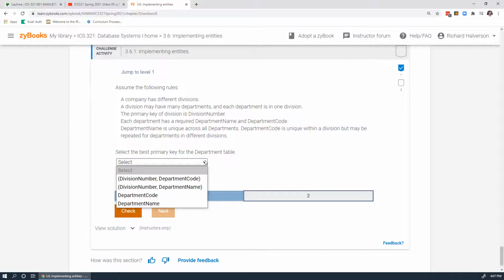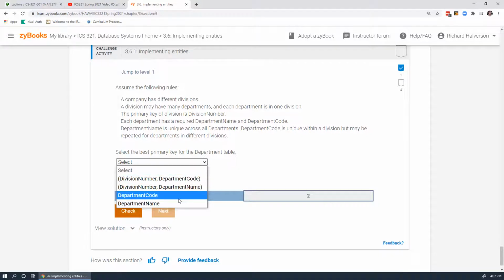Department name is unique across all departments. Department code is unique within a division, but may be repeated for departments in different divisions. What's the best primary key for the department table? Well, this is a good one. Division number with department code.